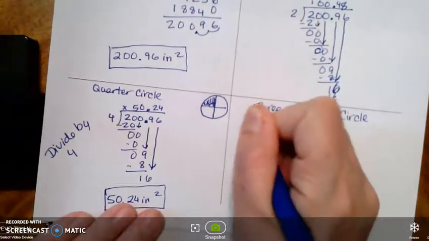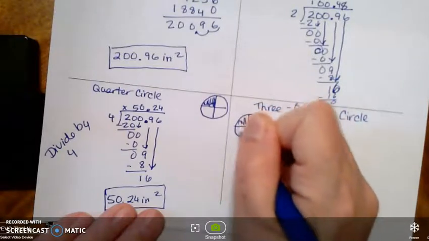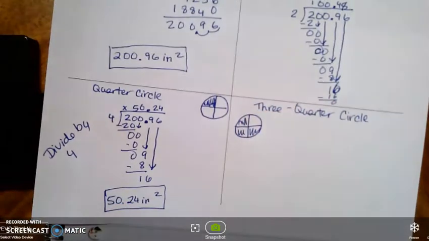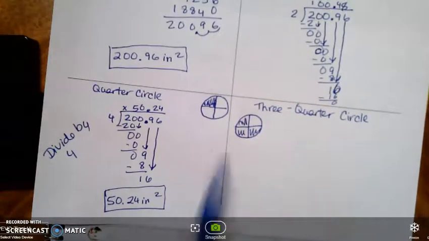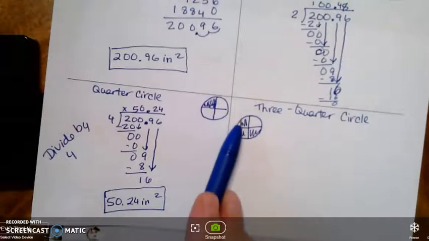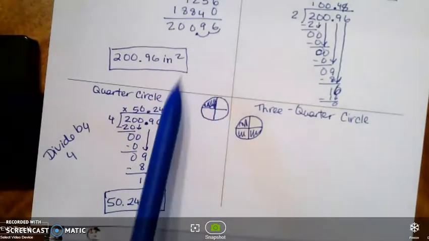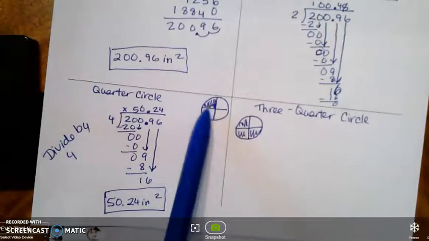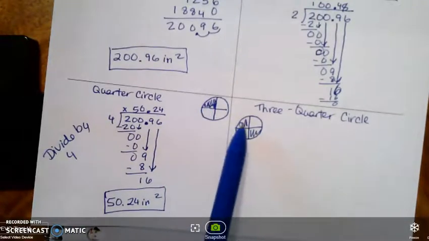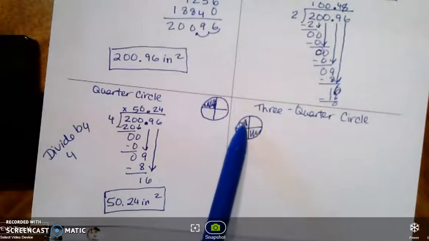So 3/4. 1, 2, 3. So I want you to think a second. These two pictures look pretty similar, right? But this is 1 part shaded and this has 3 parts shaded. So remember, based on what we did, we took our whole circle, we divided by 4, that gives us 1 piece, okay? Which would be the same as this piece right here, okay? So this 1 piece is 50.24, or 50 and 24 hundredths inches squared.